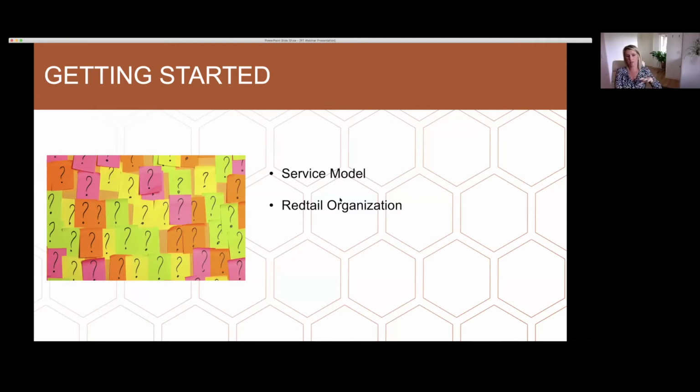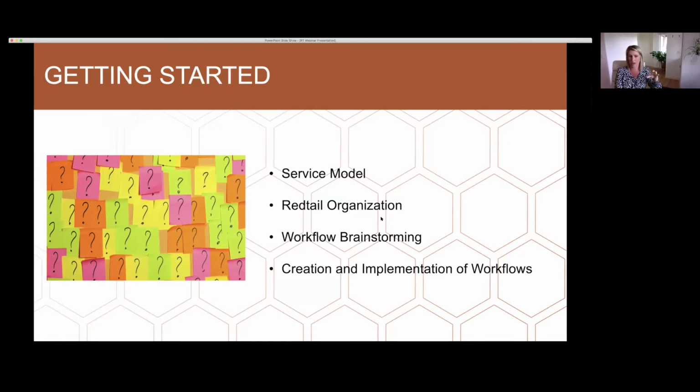So once you have that dialed in Redtail, we can start doing what I think is the fun part, brainstorming workflows. Start thinking about what are some of your daily responsibilities that we can start to write workflows around. And after you've jotted down a list, then we can start actually writing out the details of how to do those things, which essentially is what a workflow is.